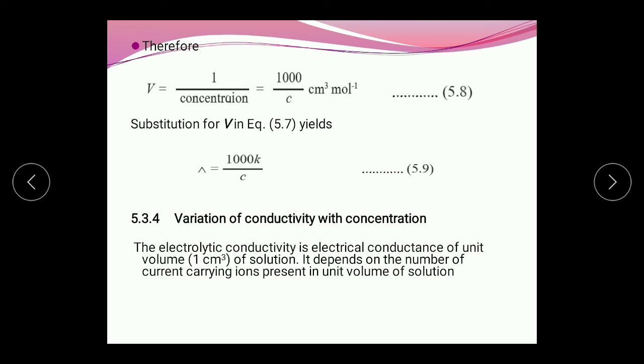Electrolytic conductivity is the electrical conductance of unit volume, that is 1 cubic centimeter of solution, and it depends upon the number of current carrying ions present in that unit volume of solution.